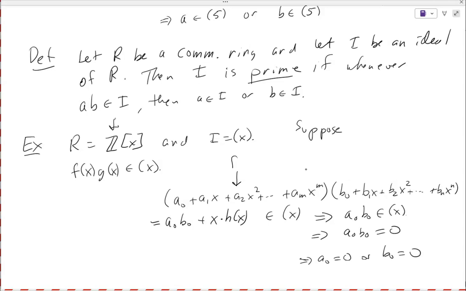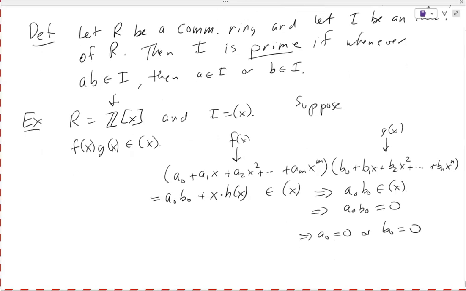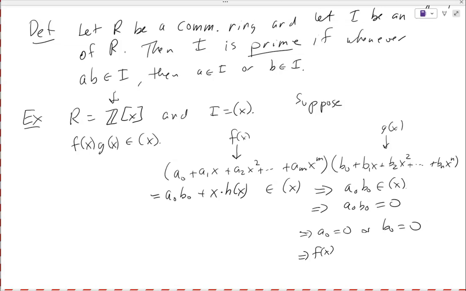So if this one is my f and this one is my g, if a naught is equal to 0, where does f of x live? Yeah, in the ideal, right? If b naught is equal to 0, then where does g of x live? In I, right? Okay. So this would tell us that f of x is in the ideal generated by x, or g of x is in the ideal generated by x.